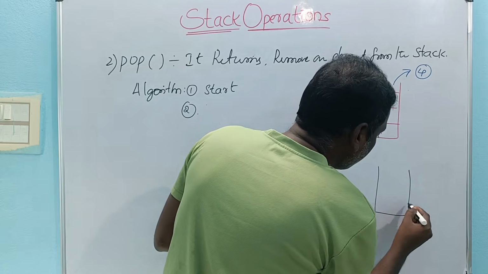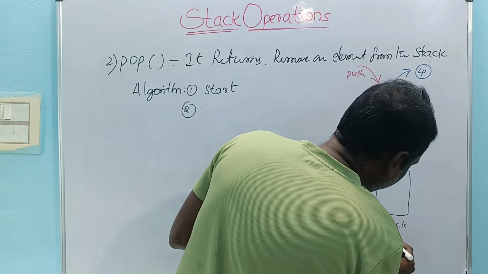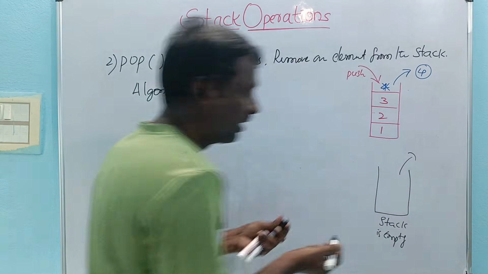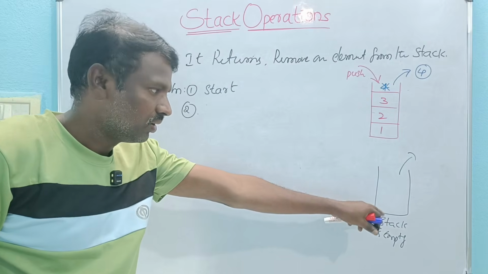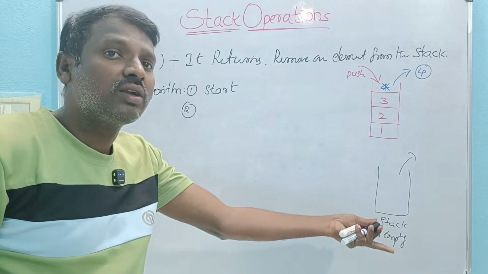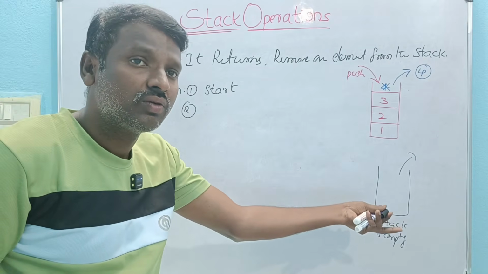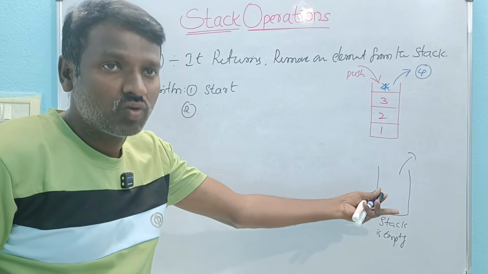So now this is an empty stack. Stack is empty. At this time, is it possible to remove an element from the stack? No. Because the stack is empty, the stack is underflowing.